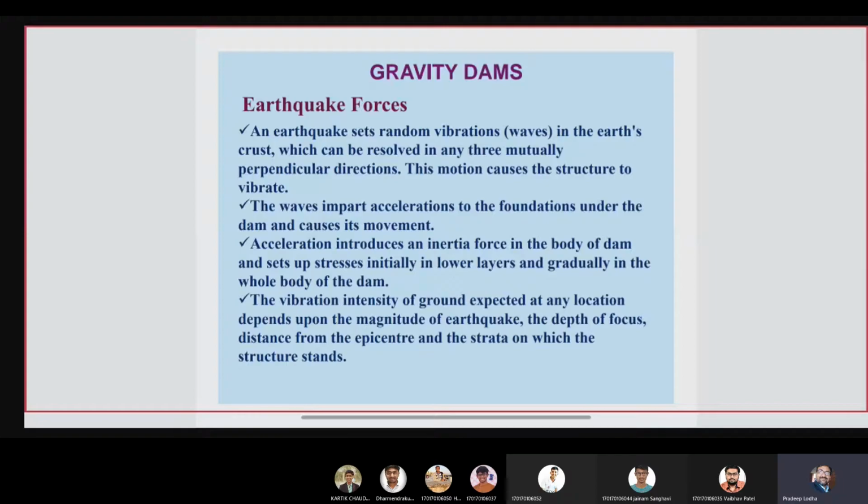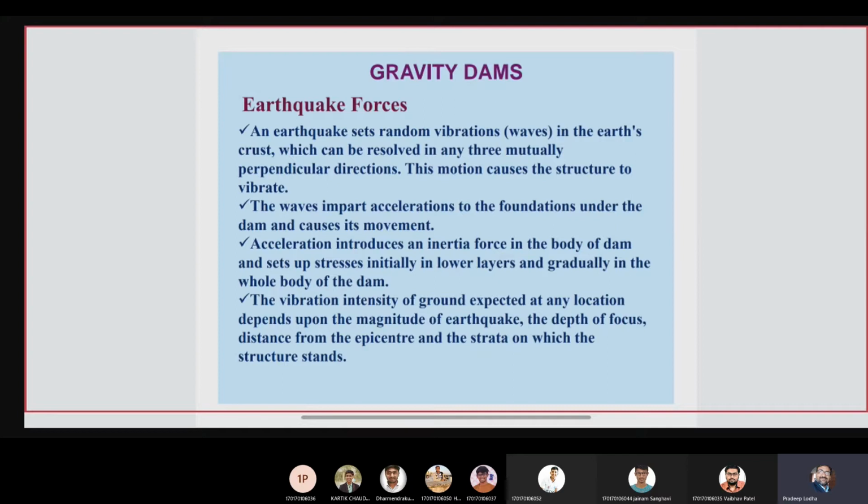We have already understood what the earthquake is for commercial and residential building design as per the IS code of earthquake forces. Today we apply the same code, 1893, for earthquake design to gravity dams. It's simple to understand. Many times we make things complicated.